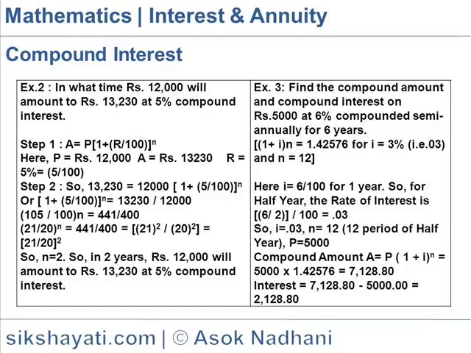So the compound amount A, that is principal plus interest, is equal to P into (1 plus i) to the power n, is equal to 5,000 into 1.42576, which is given. So we get 5,000 into 1.42576 is equal to 7,128.80. So that is the amount including principal and interest A. So interest is equal to 7128.80 minus 5,000.